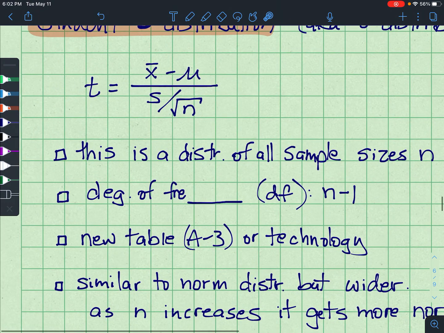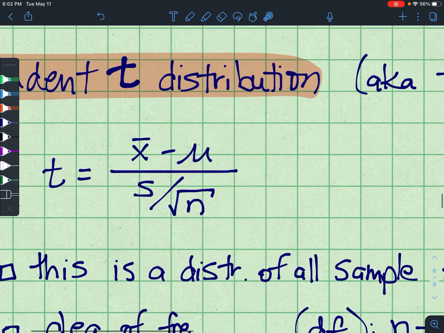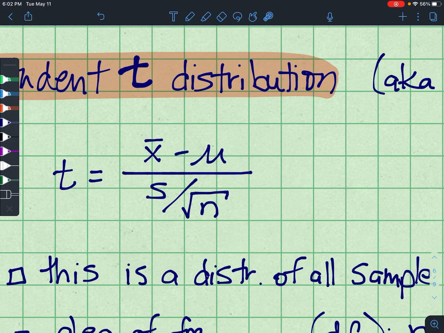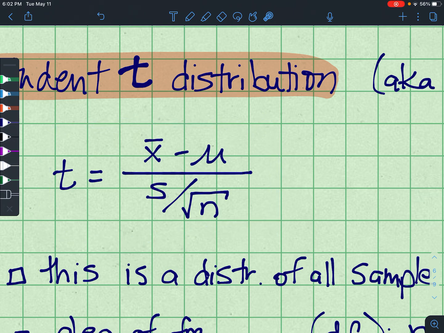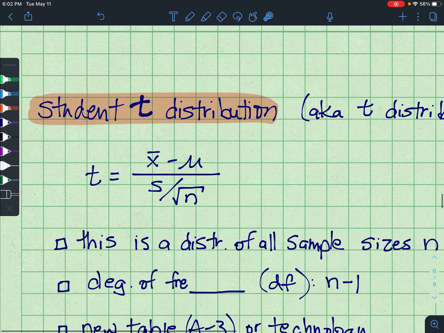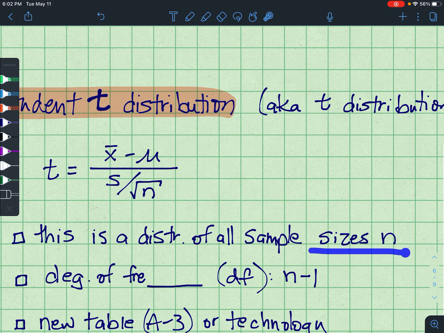Here is the formula for establishing t. T depends on x bar minus mu, divided by the standard deviation divided by the square root of n, the number of items. This is a distribution of all the sample sizes n.